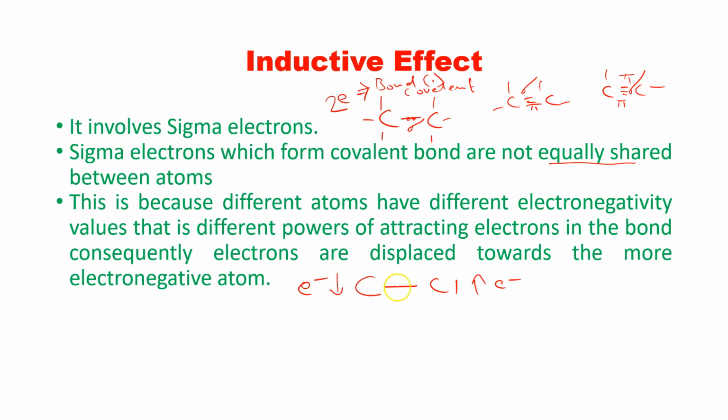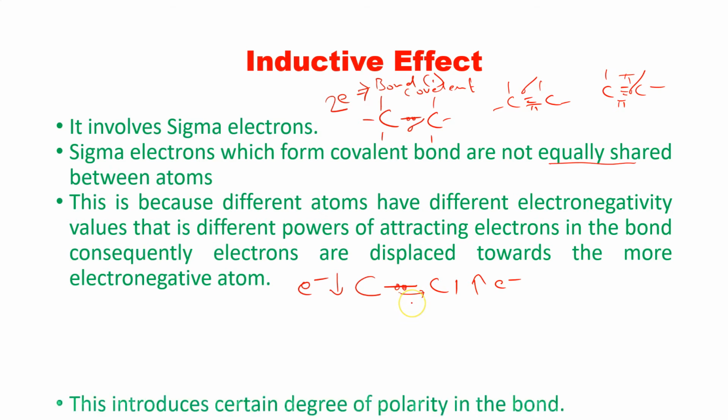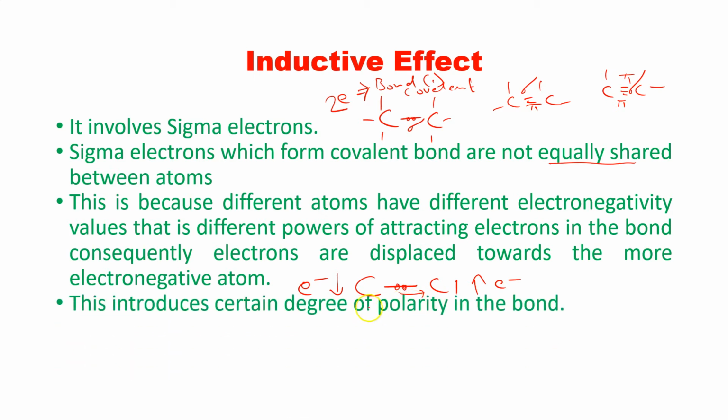Though this bond is formed due to sharing of electrons between carbon and chlorine, chlorine has an electron attracting power due to which there is a shift of electrons towards chlorine. It means that the density of electrons is shifting towards chlorine, and it introduces a certain degree of polarity in the bond.